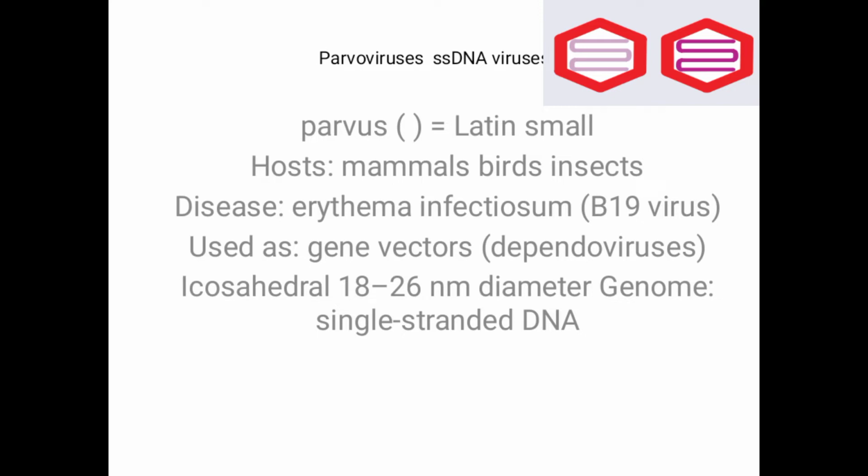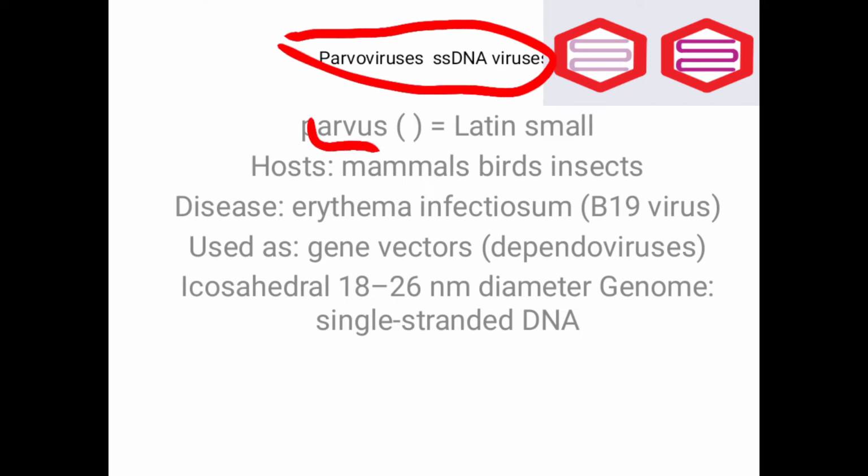You should note that these are the only viruses that have single stranded DNA. All the other viruses may have double stranded DNA, but parvoviruses are the only viruses that have single stranded DNA. They are single stranded DNA viruses.